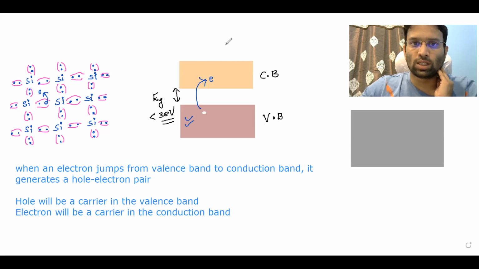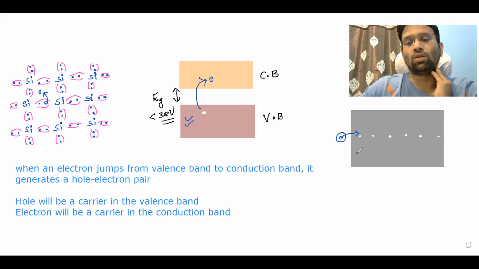Now if the silicon block has some holes, so there are silicon atoms there, you have to understand. An electron is ready to come from the battery or outside, so that electron jumps here, and it will fill this hole.